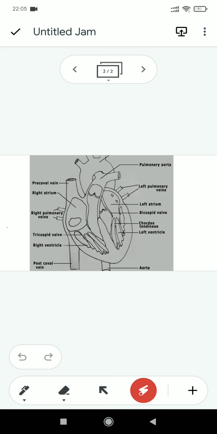Pulmonary circulation is all about the deoxygenated blood that is carried from the heart to the lung, and systemic circulation is all about the oxygenated blood that comes from the lung to the heart and then to the whole body.